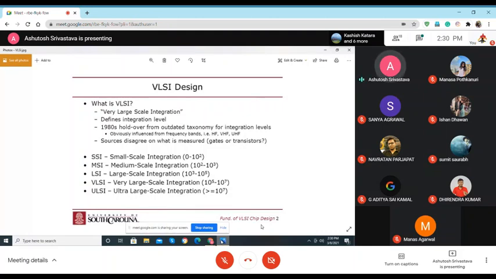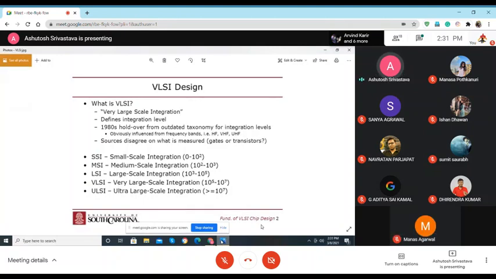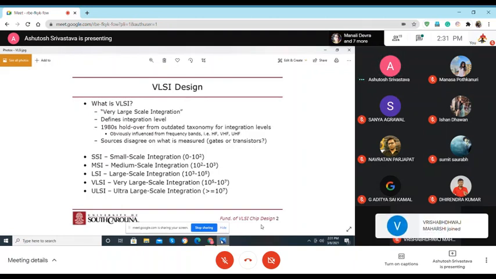Yeah, please note down these things. These are very important: SSI, MSI, LSI, VLSI, and ULSI. So the moment we are talking about digital IC design, we are talking in terms of the building block, which happens to be the transistor. And as time is progressing from the 70s to 80s, 80s to 90s, 90s to the 2000 millennium, and beyond that, there's a constant demand from industry to keep doubling your transistors.